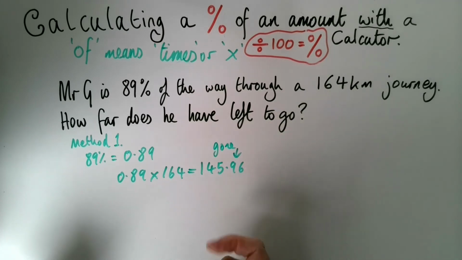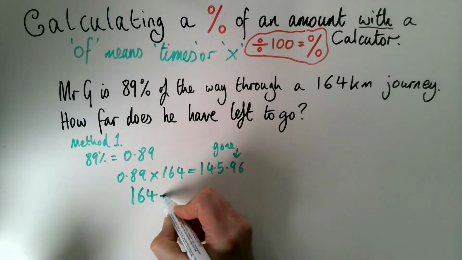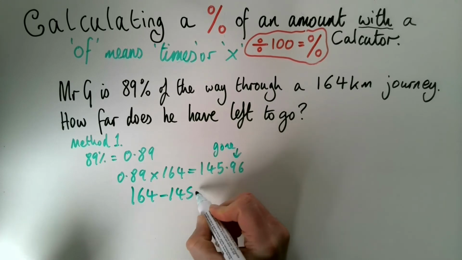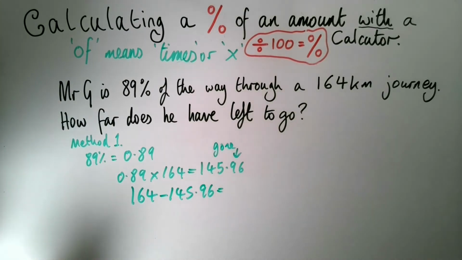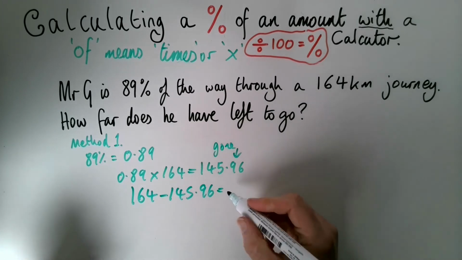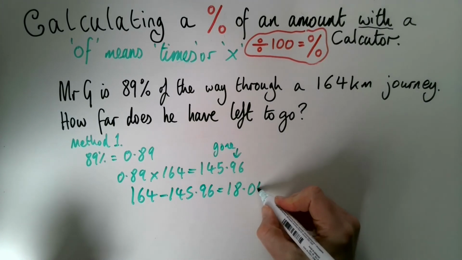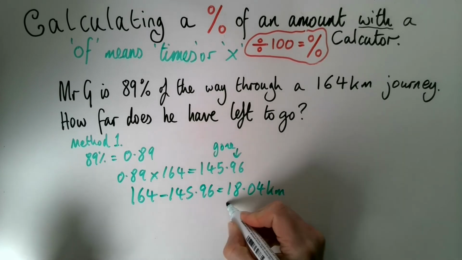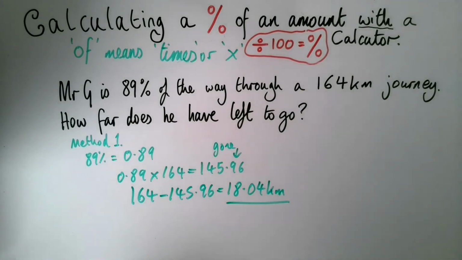So to find out how far he's got left, I take that away from how far he's got to go altogether, and that will give me 18.04 kilometres, and that is the right answer.